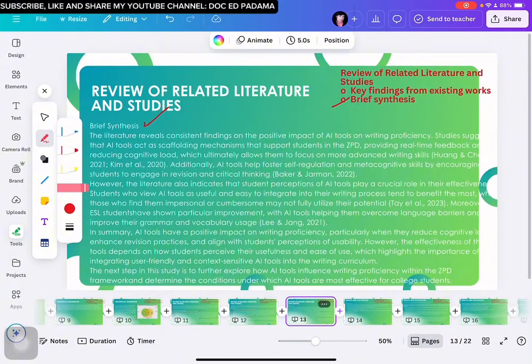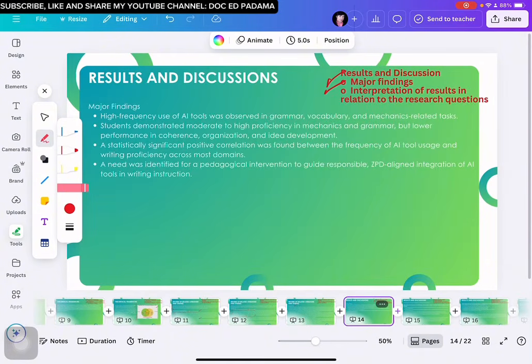The next content that should be included in your slide presentation is what we call the results and discussion. So part of the results and discussion is the inclusion of the major findings or the summary of the findings, and then interpretation of results in relation to specific research questions. So if you have 4 specific questions, you have to present the specific question and then present the findings immediately after presenting the specific question.